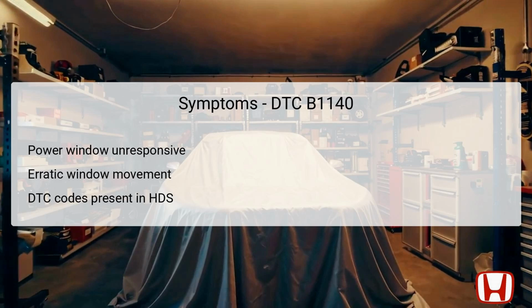Alternatively, the window may exhibit erratic behavior, such as moving inconsistently or being unable to stop at the intended position. Additionally, the Honda Diagnostic System, or HDS, may indicate this DTC along with any other relevant codes, which can provide further insight into the issue at hand. These symptoms can help you determine whether the power window circuit is indeed affected and guide you through the subsequent steps of troubleshooting.